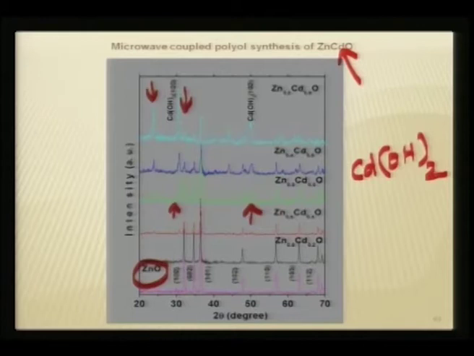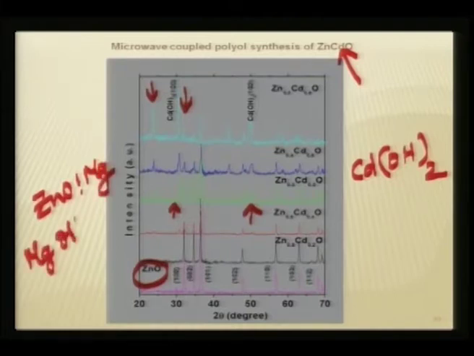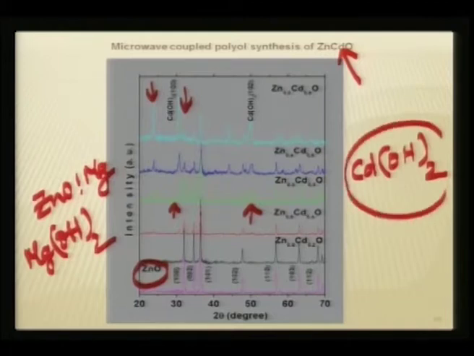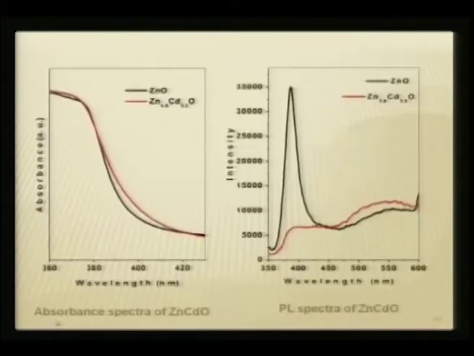So, just as in the case of zinc oxide doped with magnesium, where we encountered the issue of magnesium hydroxide, which as an amorphous phase just remains as an amorphous coating on zinc oxide, we also see the same situation for polyol synthesis of zinc cadmium oxide. So, here again the issue of hydroxide seems to be a limiting factor.